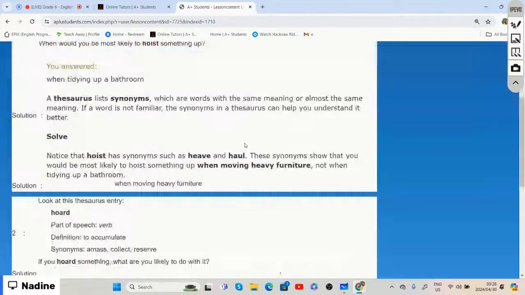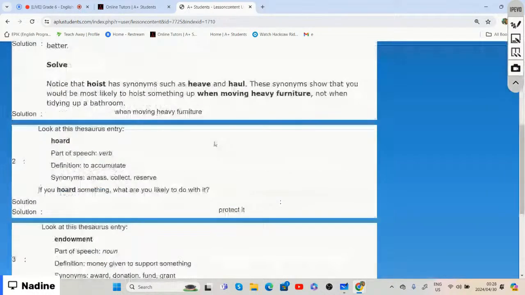All right. If we look at the word hoard, the part of speech here means that it is a verb, and the definition of that word is to accumulate. And the synonyms of that word are amass, collect, reserve. So if you hoard something, what are you likely to do?